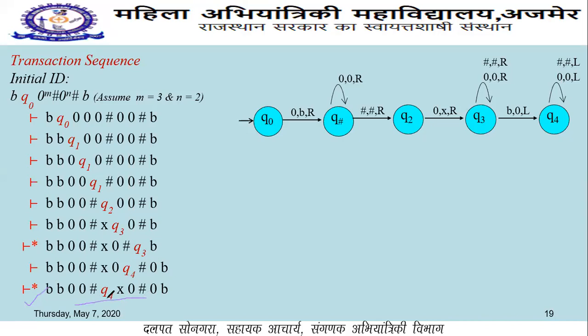Now here we are reading x at state q4. It means we have reached the multiplier again, and this x is telling us that the left part, meaning the first 0, is copied.